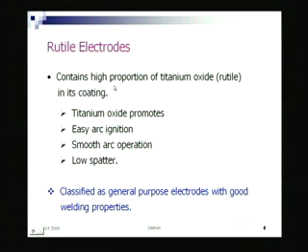Then we come to the rutile electrode. What are rutile electrodes? This contains a high proportion of titanium dioxide. Titanium dioxide's other name is rutile, which is how the name rutile electrode arises. So, the flux contains a high level of titanium dioxide. This promotes easy ignition, smooth arc operation and low spatter, all that we saw in the cellulosic electrode.